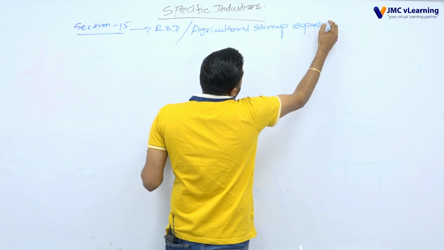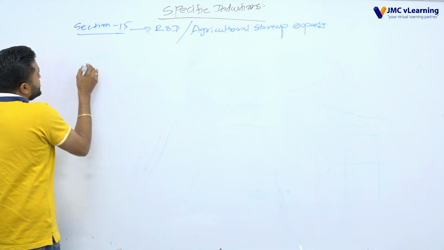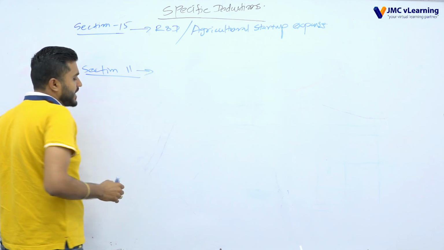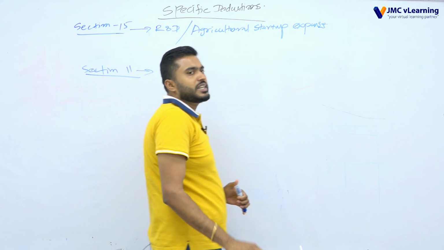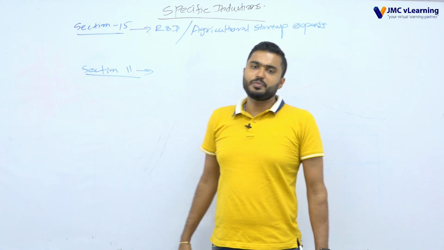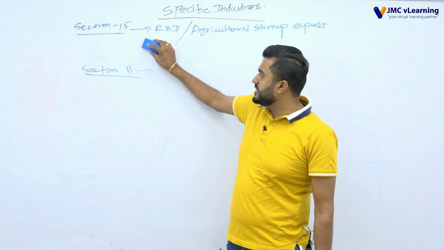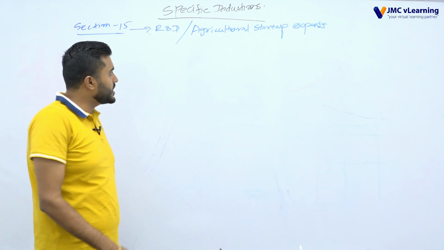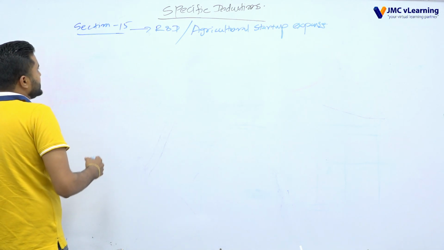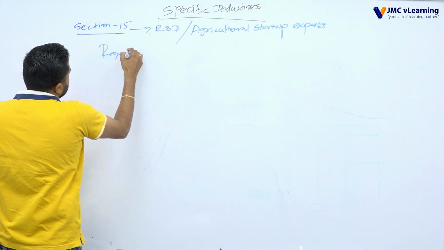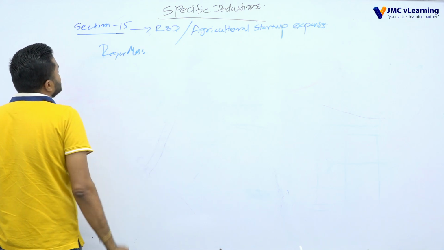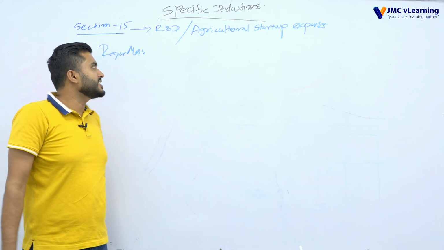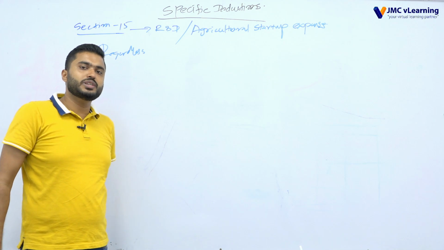My dear students, as per section 11, that is the general main deductions, we discussed that any capital nature expense is not allowed to deduct as an expense, unless a specific deduction allows it. But here, for research and development and agricultural startup expense, regardless of whether capital nature or revenue nature, you can deduct it as an expense.